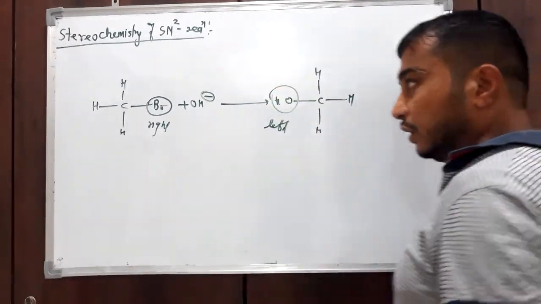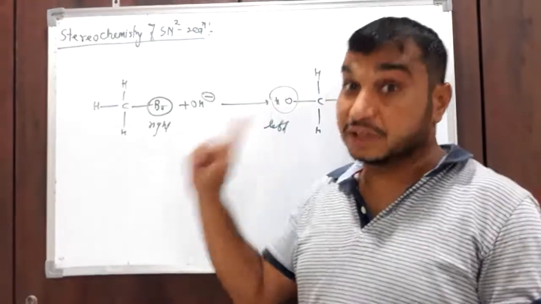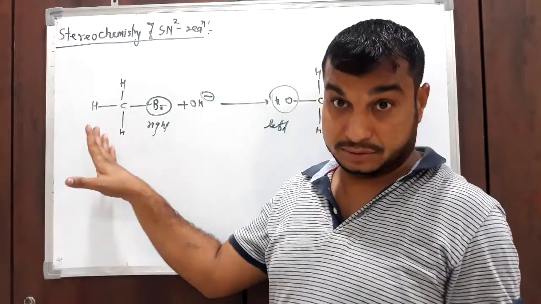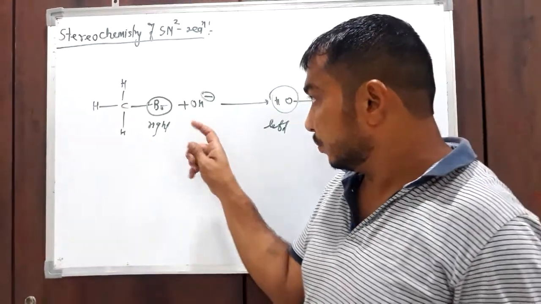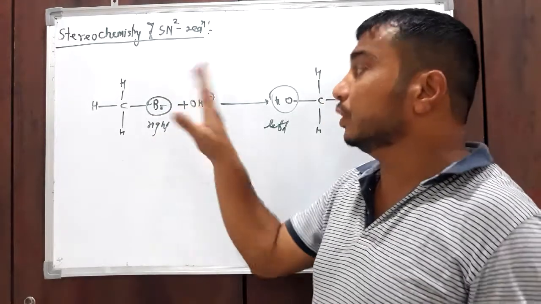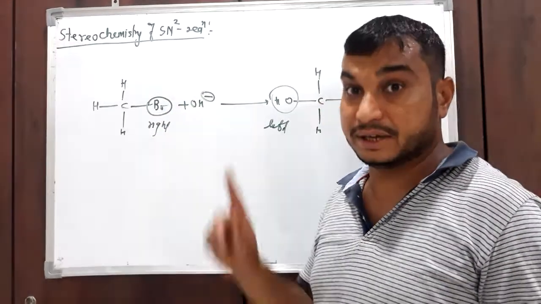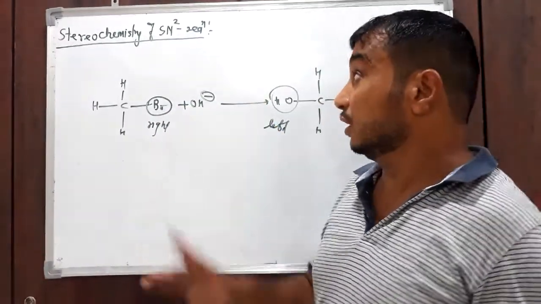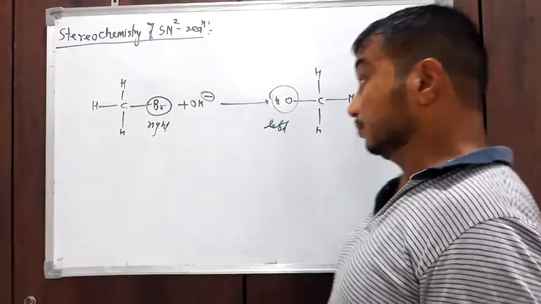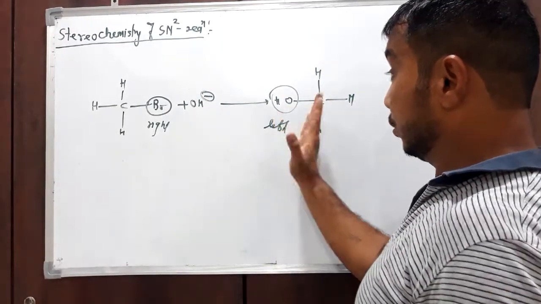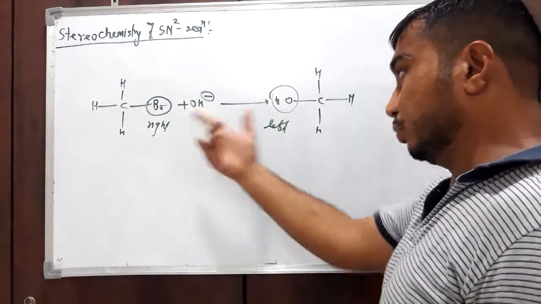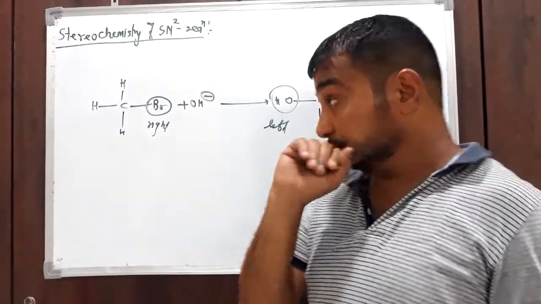Actually this OH minus ion is replacing the Br minus ion from this reactant. Therefore, we can imagine this OH minus should be in the place of Br minus ion in the product also. But actually in SN2 reaction, this OH minus ion is on the opposite side to which the Br minus ion is present.